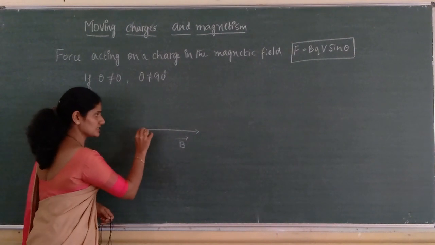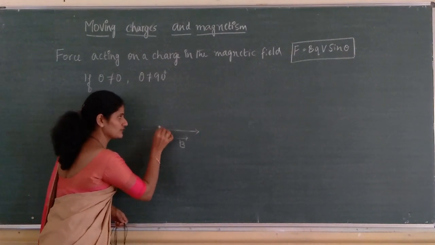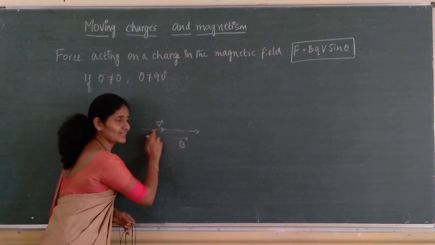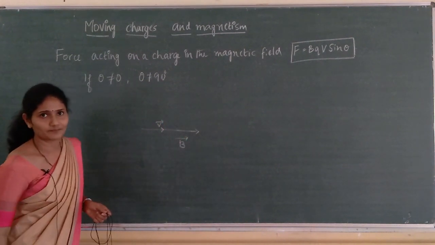Or if velocity and magnetic field are in the same direction, then there is no angle between B and V, theta is equal to 0, so the particle moves in a straight line.